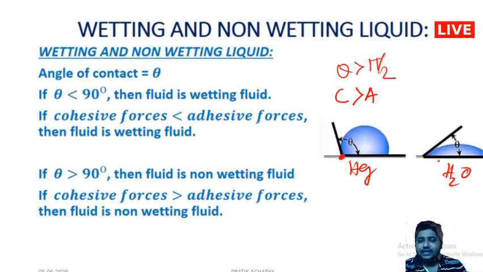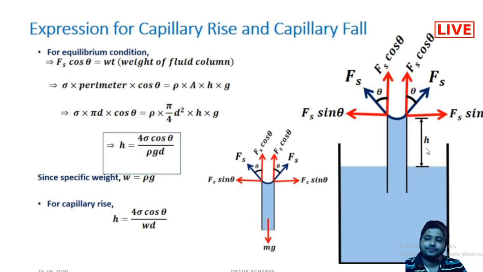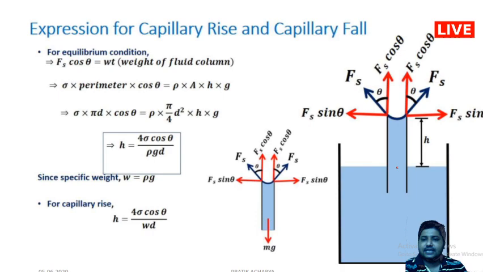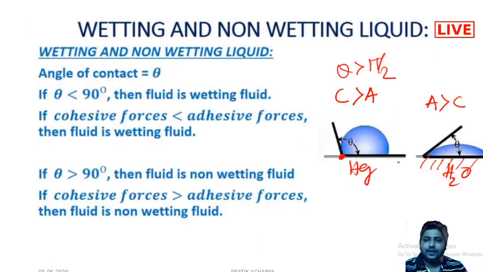But in case of water, if you pour a drop of water onto the surface, what will happen? The water will immediately spread on the surface. It will wet the surface. Why? Because the adhesive force is greater than the cohesive force in case of water.